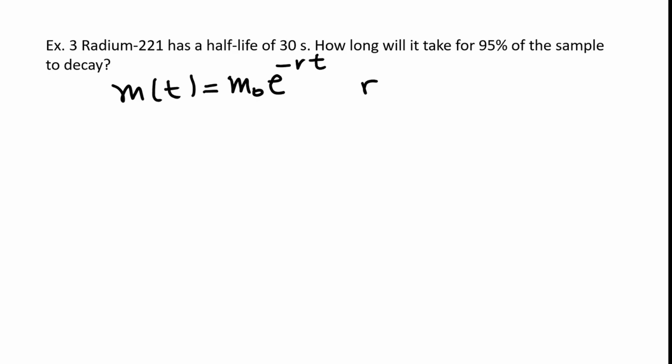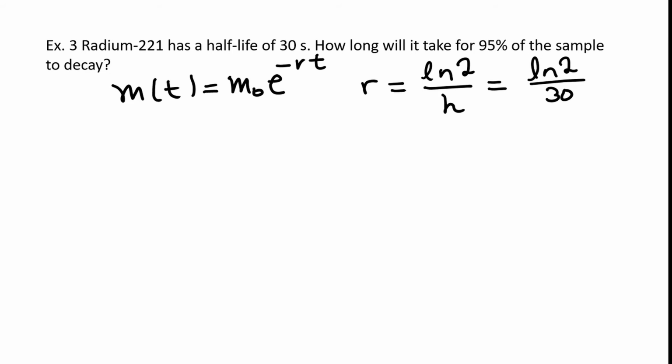And for half-life, the rate is determined as ln of 2 divided by h, which is the length of the half-life. So we would write this as ln of 2 over 30. We could get a decimal approximation, but let's just wait till the very end to put it in the calculator.